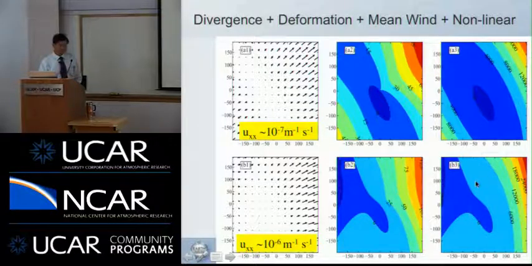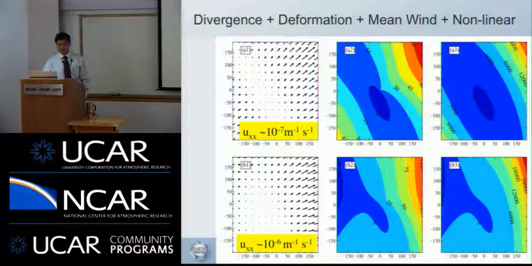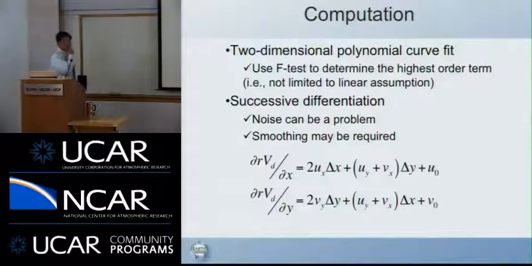So another way of using R times VD is that it's relatively easy to tell whether the wind field is linear or nonlinear, or which components are important. When a nonlinear wind field dominates, you shouldn't see any nice shape like a quadratic equation. So how do we do the computation? Okay.